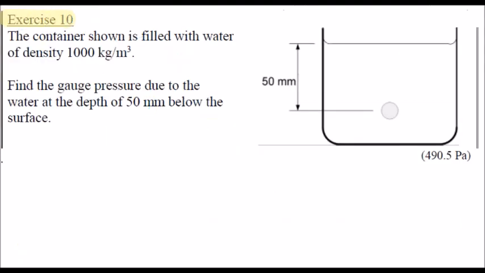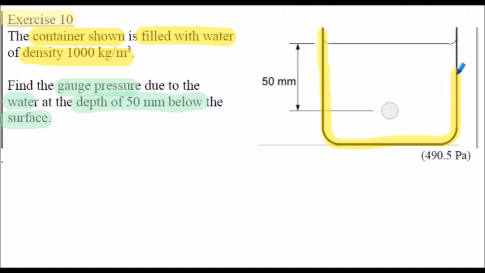Exercise 10. The container shown is filled with water having a density of 1000 kilograms per meter cubed. We're asked to find the gauge pressure due to the water at a depth of 50 millimeters below the surface. So here's our container of water.